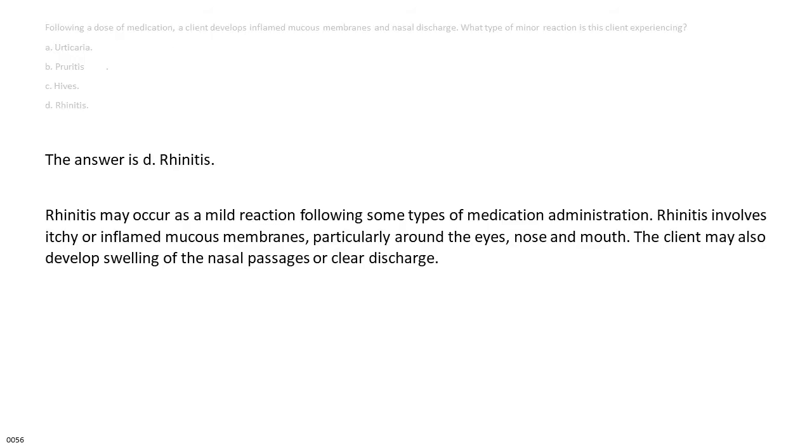The answer is D. Rhinitis. Rhinitis may occur as a mild reaction following some types of medication administration. Rhinitis involves itchy or inflamed mucous membranes, particularly around the eyes, nose and mouth. The client may also develop swelling of the nasal passages or clear discharge.